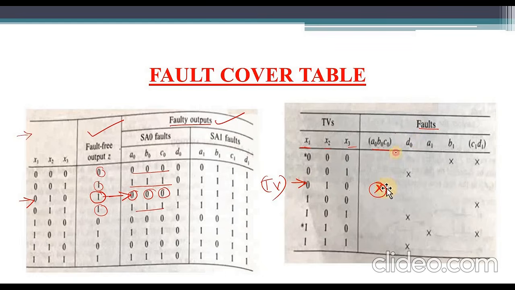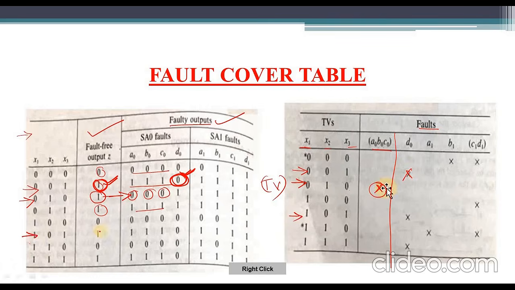Okay, so observe D0. Observe the input combination 0 0 1 for D0. If there is no fault, we get the output 1. If there is a fault, for D0 we obtain 0. So this 1 is different from this output, and that's why we put one cross mark. Now observe the 1 0 1 combination.